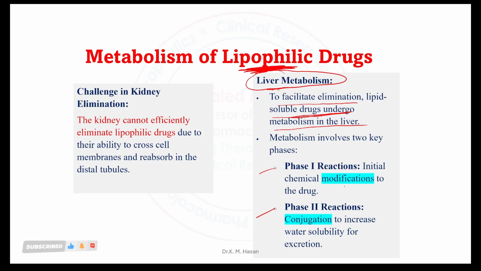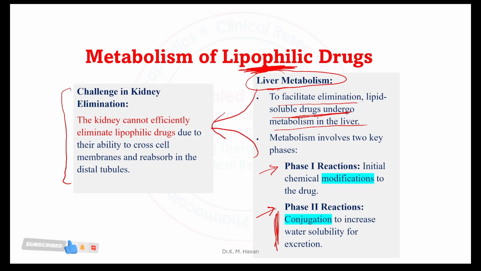Phase 2 metabolism is related to conjugation, binding to become more water soluble. So the reason for liver metabolism is to prepare the medication to be eliminated through the kidneys.